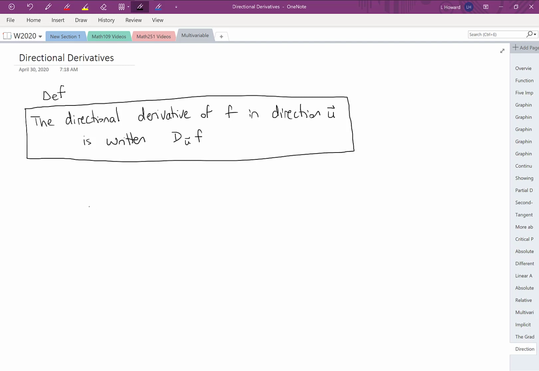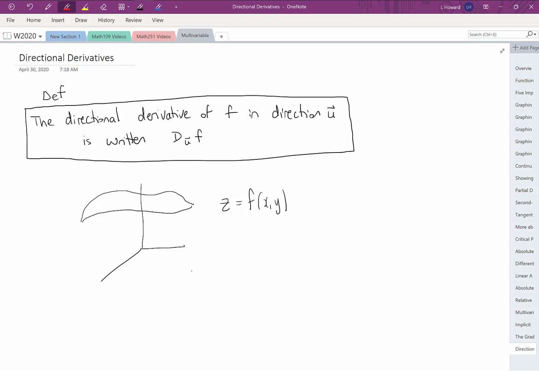So let's draw a picture and understand geometrically what this directional derivative is. Suppose we had a surface. Let's say we're in three-dimensional space here. We've got a surface given by z equals f of x, y. Just for the sake of our picture, maybe our surface looks a little something like that.